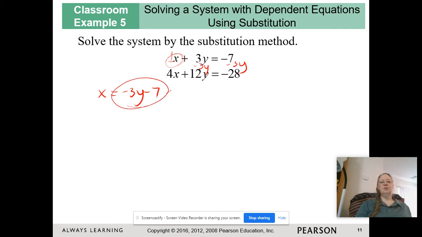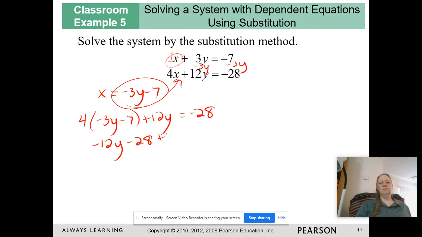And we're going to substitute into our other equation. And distribute. And combine like terms.